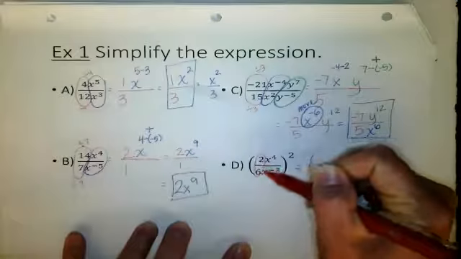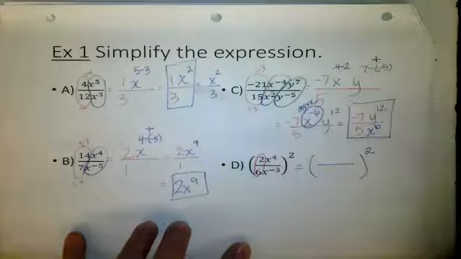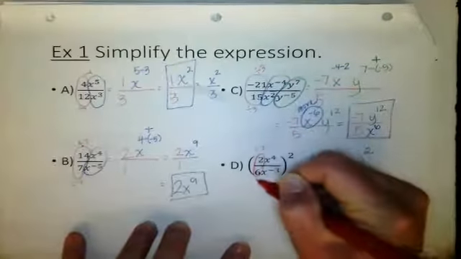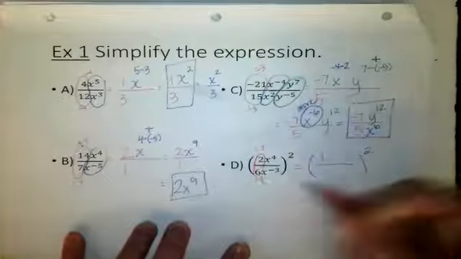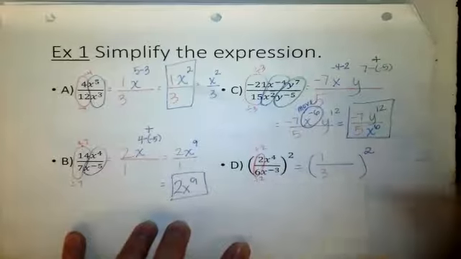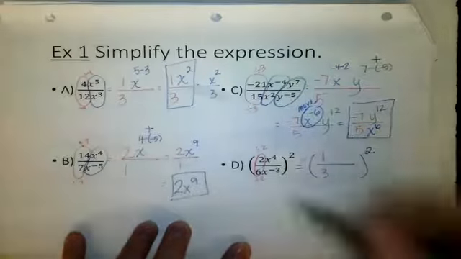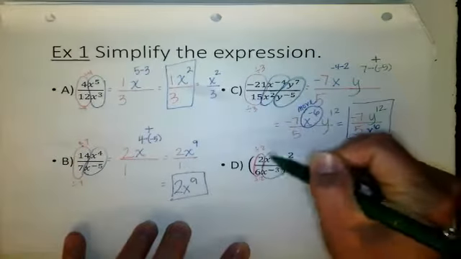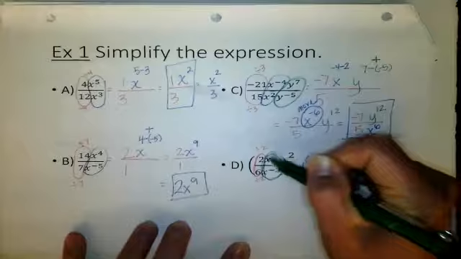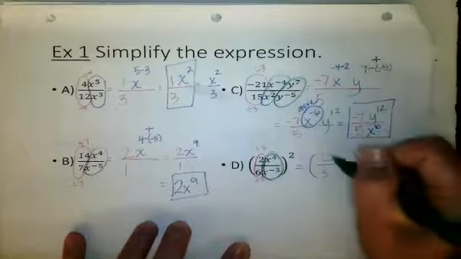I have 2 over 6. What can those divide by? Divide by 2, divide by 2. 2 divided by 2 is 1. 6 divided by 2 is 3. I can also clean up my x's here. I have x to the 4th divided by x to the negative 3.